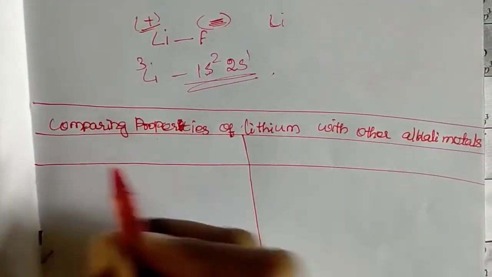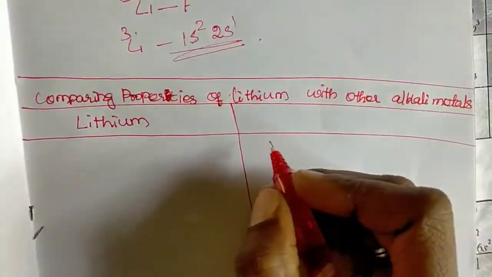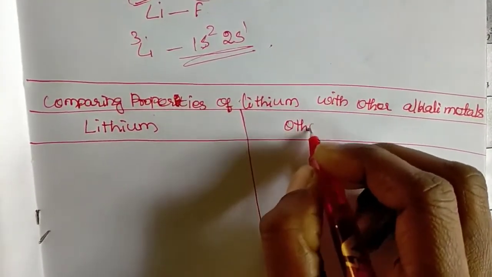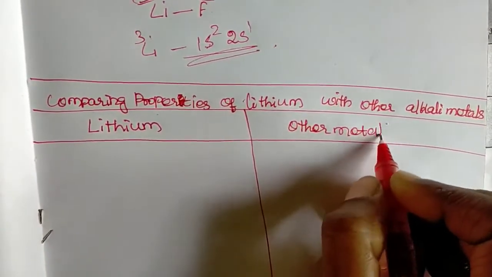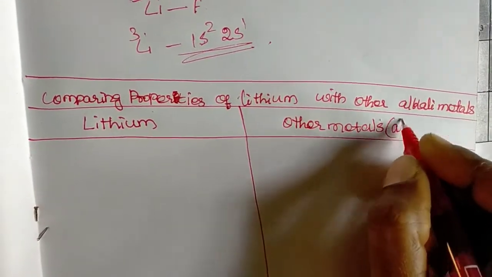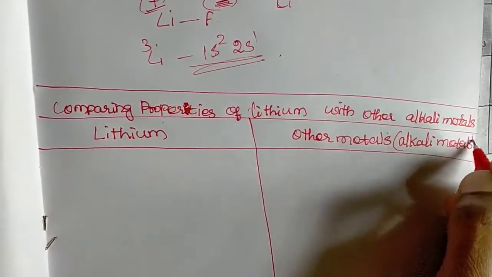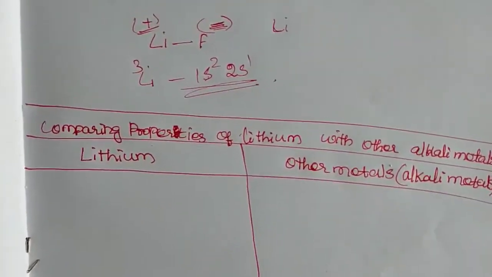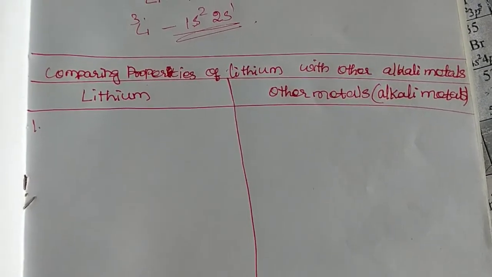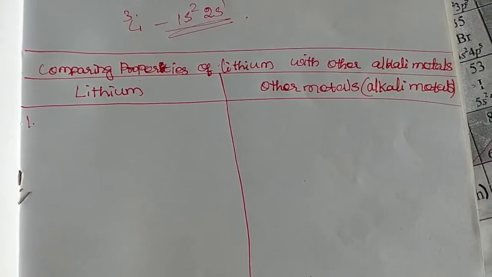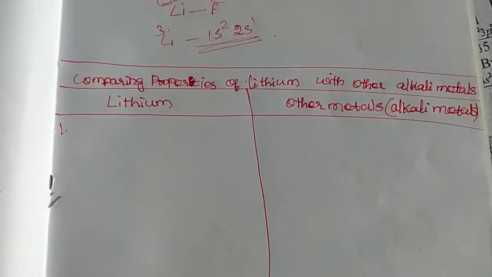First part is lithium, second part is other metals or alkali metals other than lithium. In this table, we differentiate the properties of lithium from other metals, that means from group 1, the alkali metals.